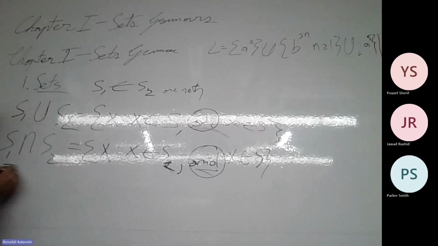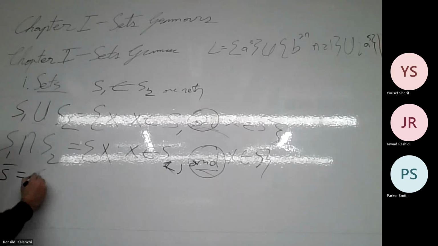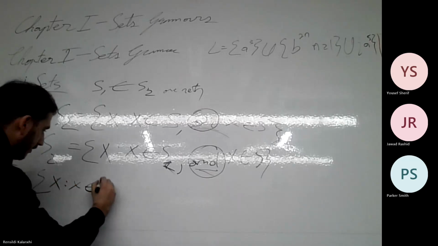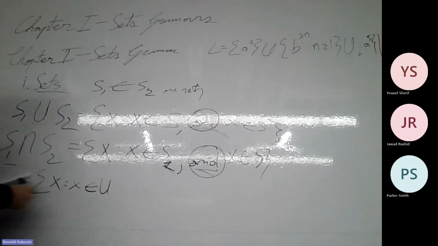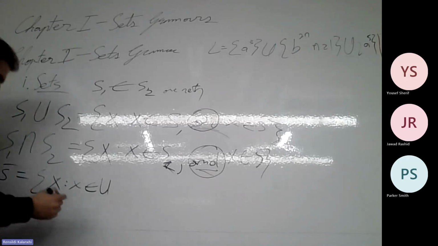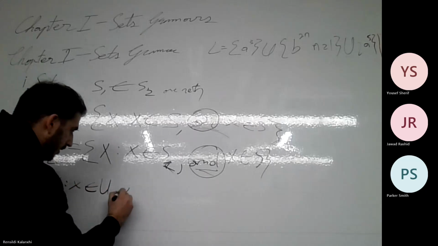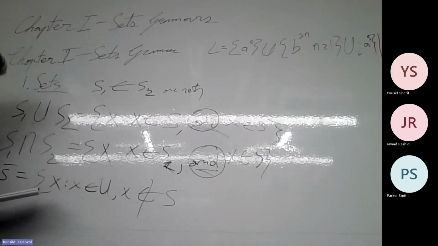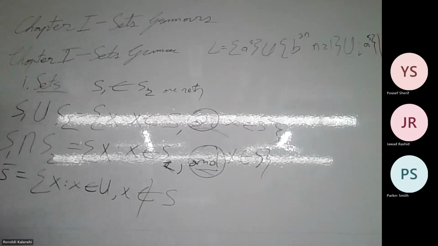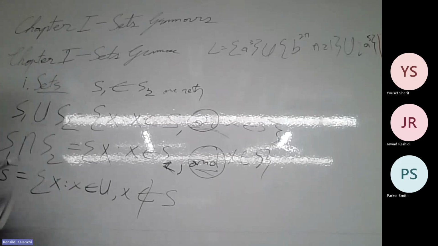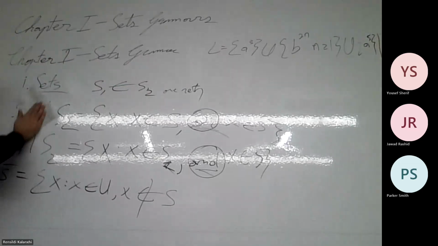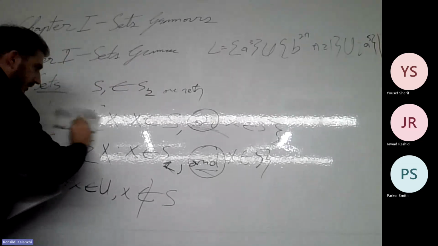And then S not. Yep. S not is X is an element of the universal set, but then X is not part of S. There's also, I'm going to remove S1 union S2.